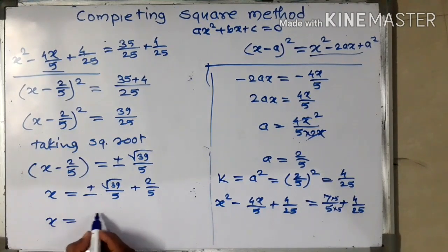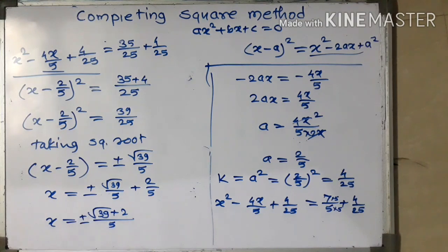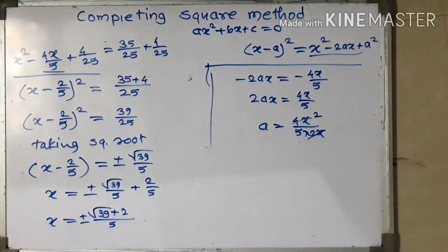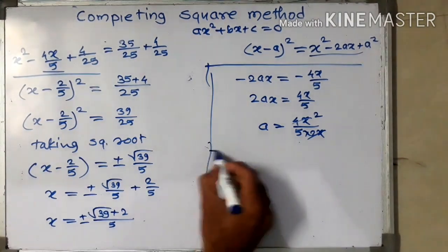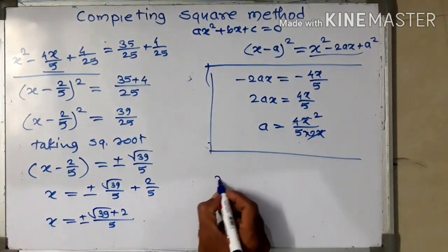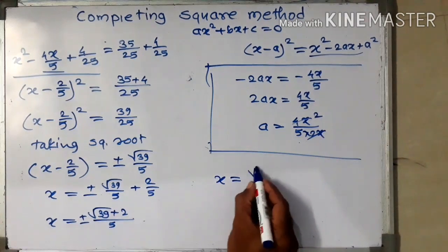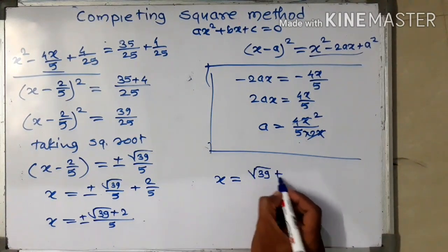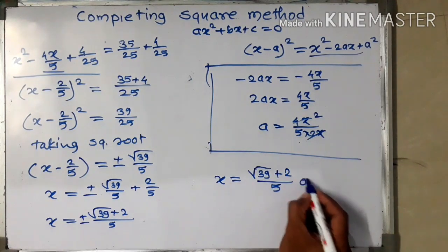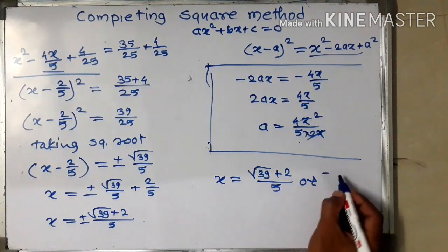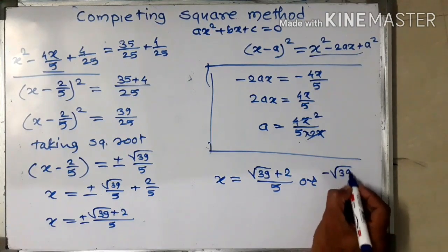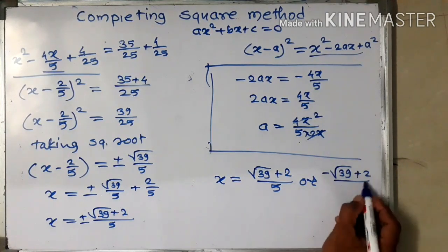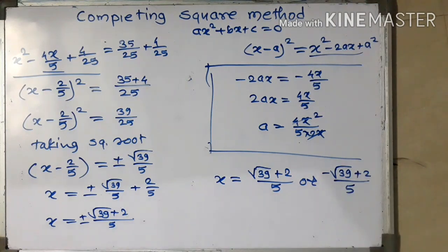The value of x is root 39 plus 2 upon 5, plus or minus. Now there are two values of x. The first value is, by taking plus, root 39 plus 2 upon 5, and the second value is negative root 39 plus 2 upon 5. These are the roots of that quadratic equation.